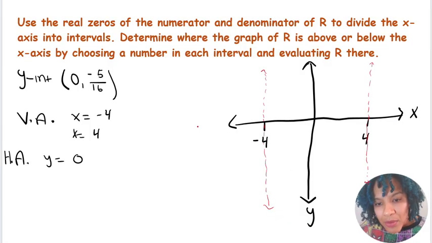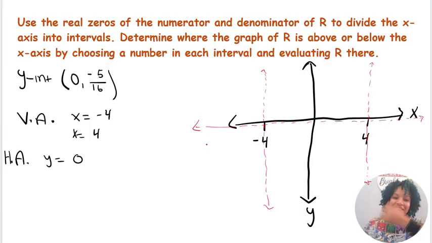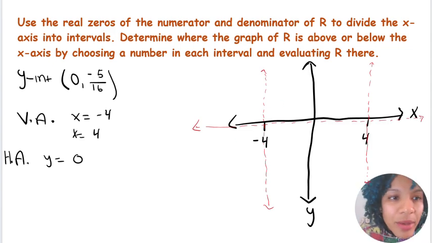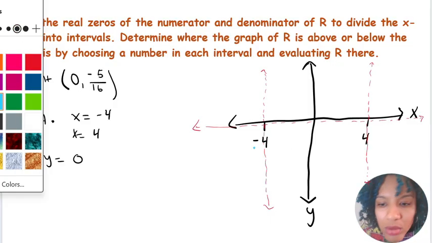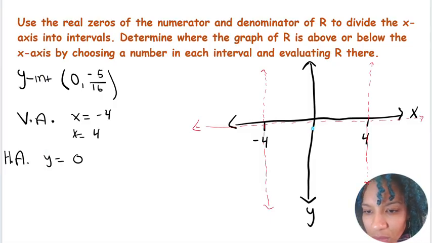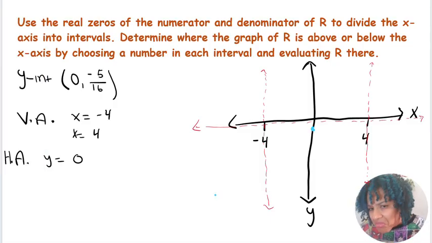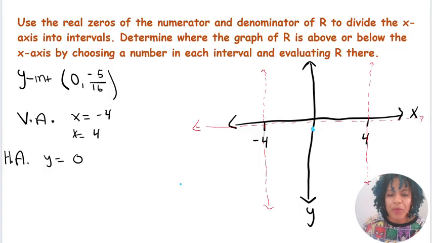And then we also have the horizontal asymptote right here on the axis. Imagine that's on the axis. We have the y-intercept somewhere over here.